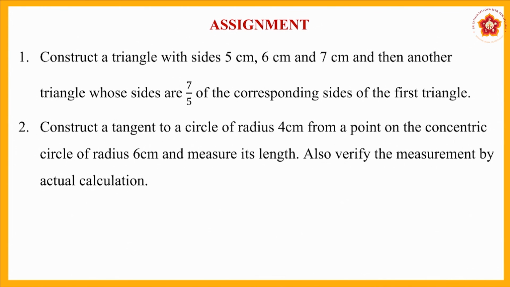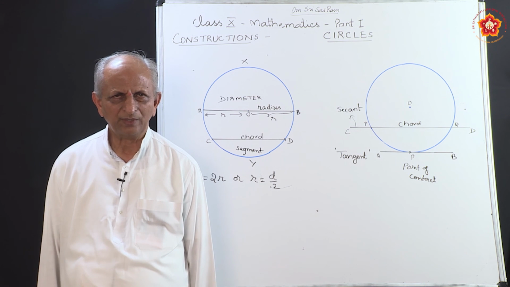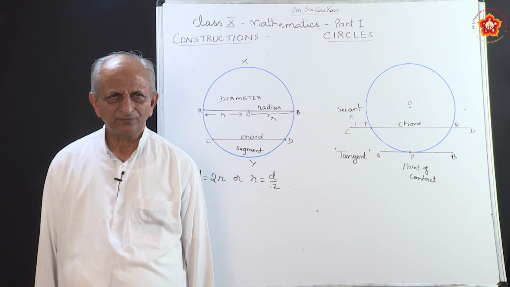Second homework, construct a tangent to a circle of radius 4 centimeters from a point on the concentric circle of radius 6 centimeters and measure its length. Also verify the measurement by actual calculation. I hope you understood what we have done so far. Do the homeworks correctly. Thank you.